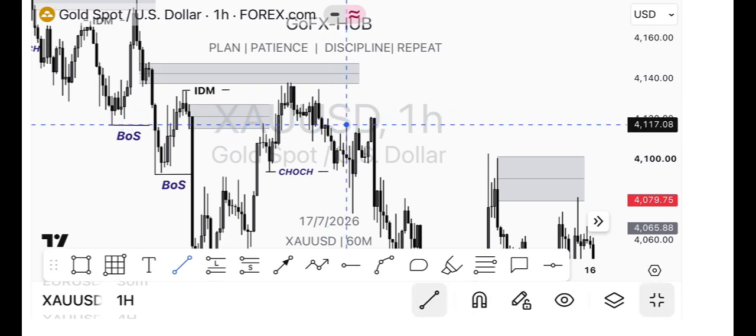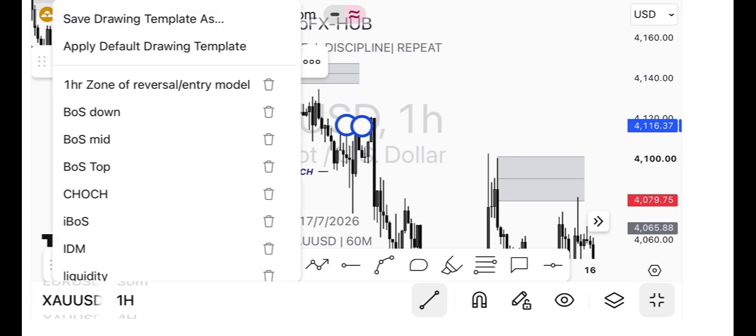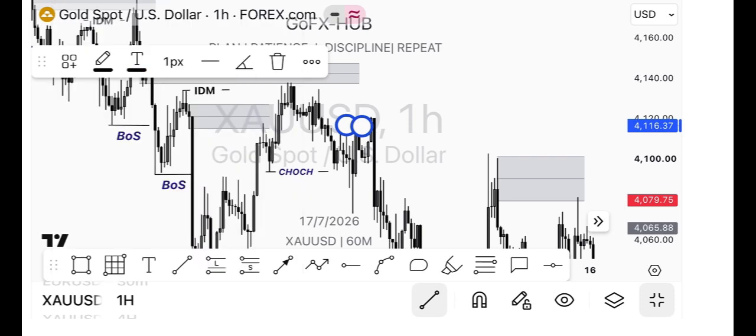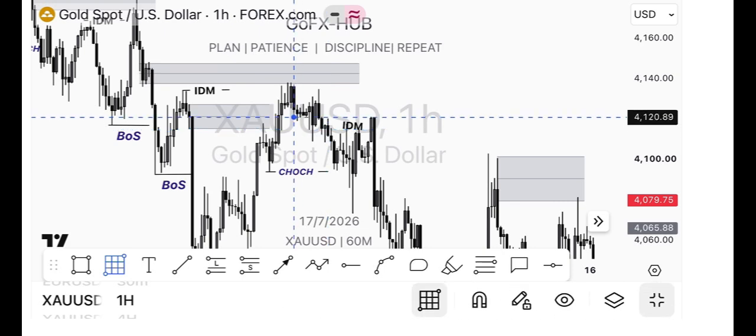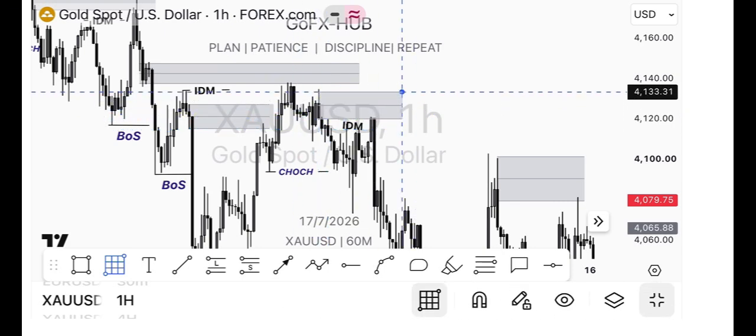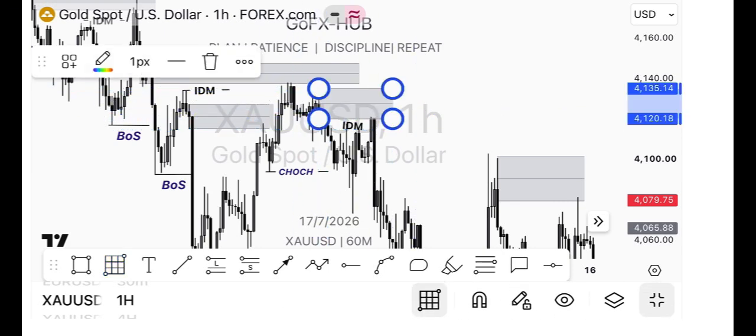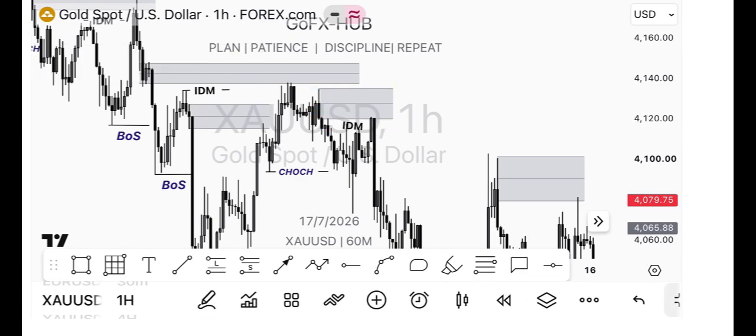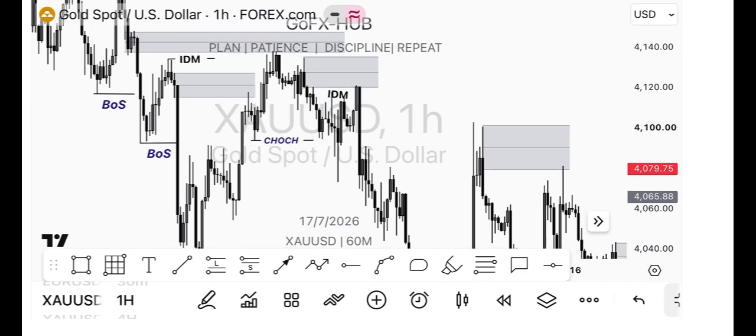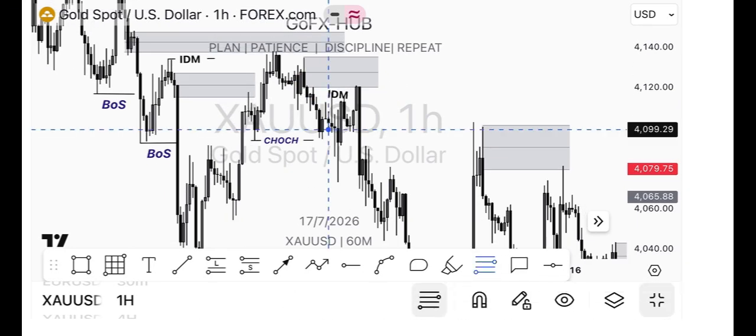This is just repetition, rinse and repeat. What happened here was inducement, and this is our structure that we want to enter. So after entering this, you take your entry here.